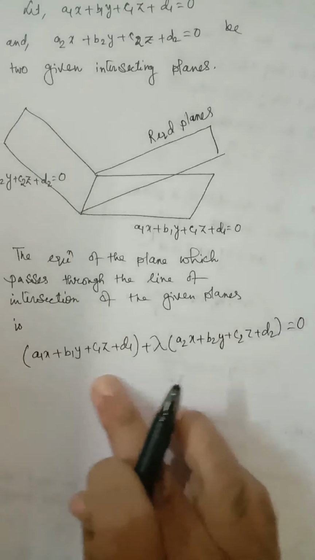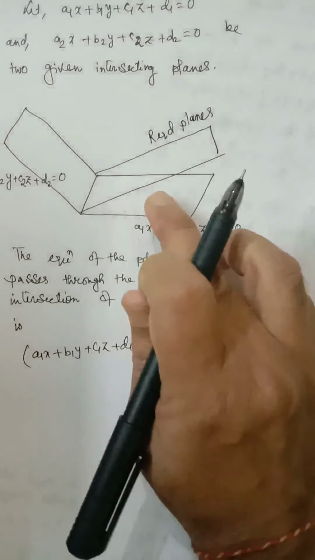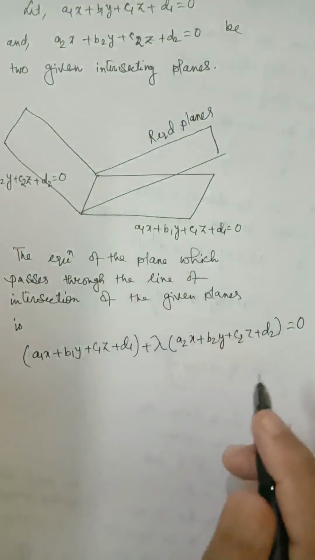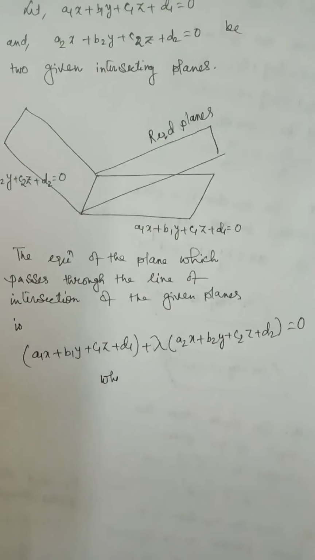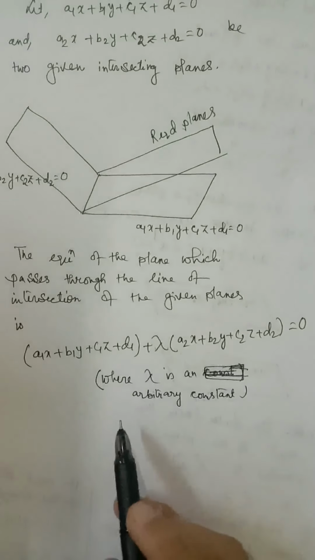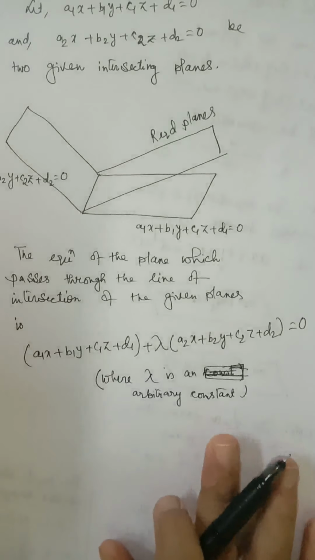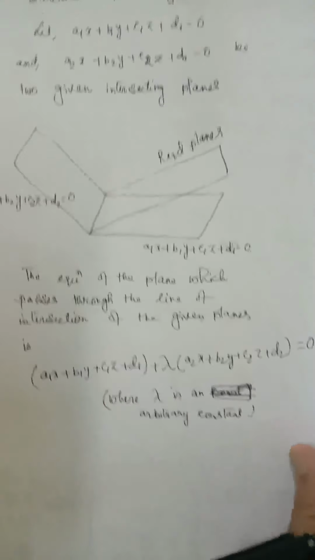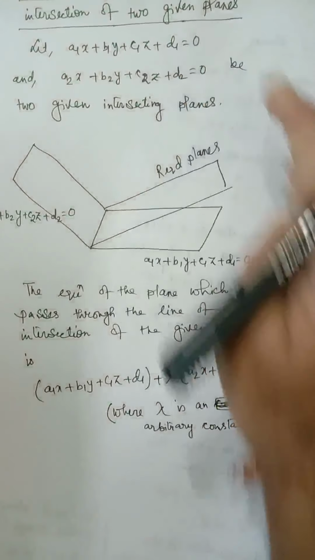So this is the equation of a plane which passes through the intersection of two given planes, where lambda is an arbitrary constant. Okay, so you have to remember this is a theorem. The equation of a plane through the intersection of two given planes is this.